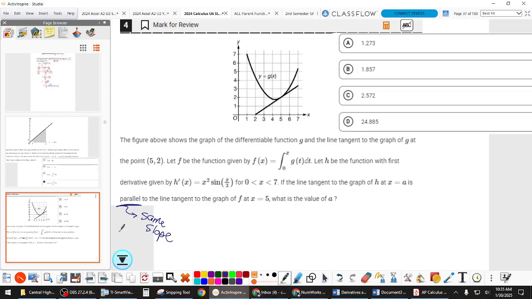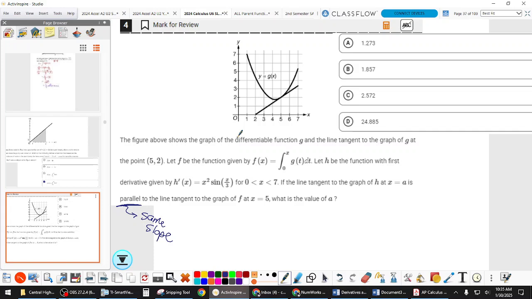But if you're setting it, how could you set h prime of x equal to g of x? Because isn't g of x that curve? Yep. So we need to know the slope of g prime of x. So h prime of x equals g prime of x? No. We're trying to find the slope of f, and the slope of f is g.